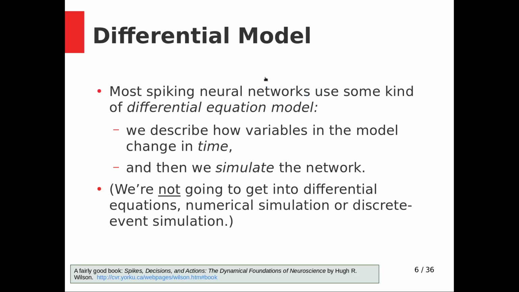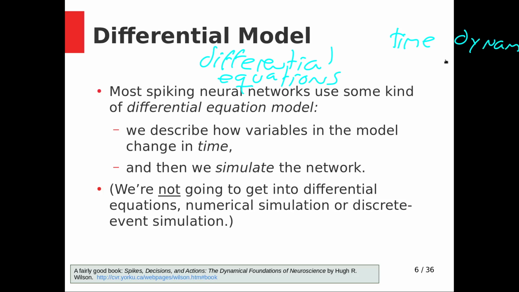So with spiking neural networks, they are inherently time dynamic things, and we describe them with differential equations that describe their time dynamics, right? By time dynamics, I mean how they behave in time.